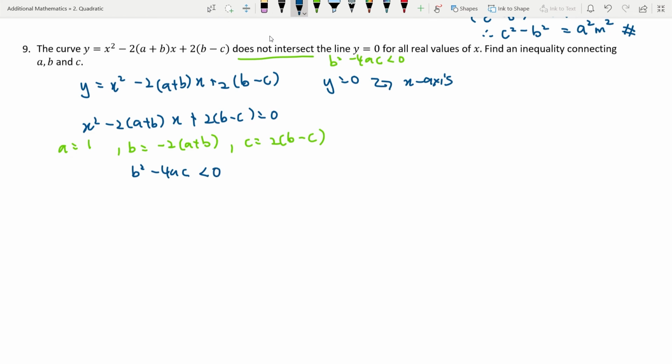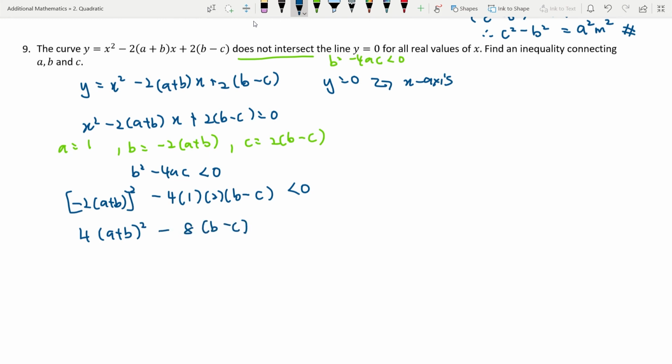Substitute in all the values. (Negative 2(a plus b)) the whole thing squared, minus 4 times a times c, is less than 0. Expand the inequality. 4(a plus b) bracket squared minus 8(b minus c) is less than 0.